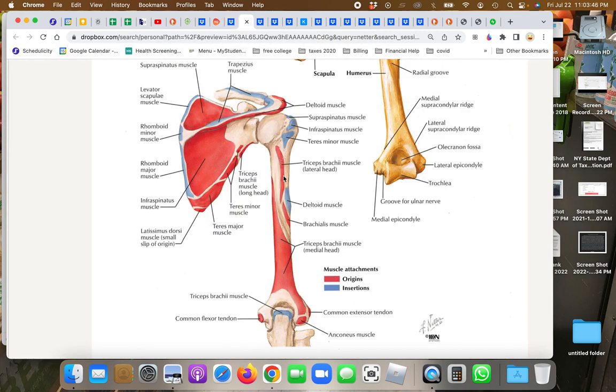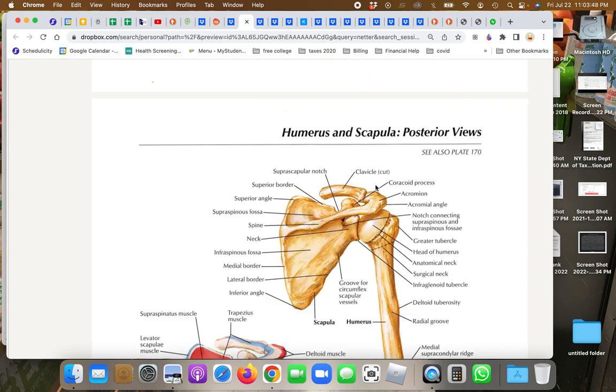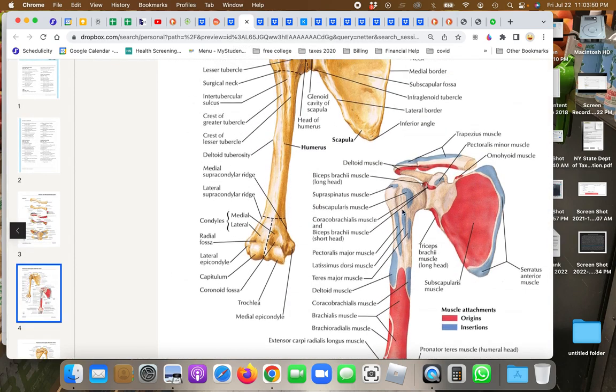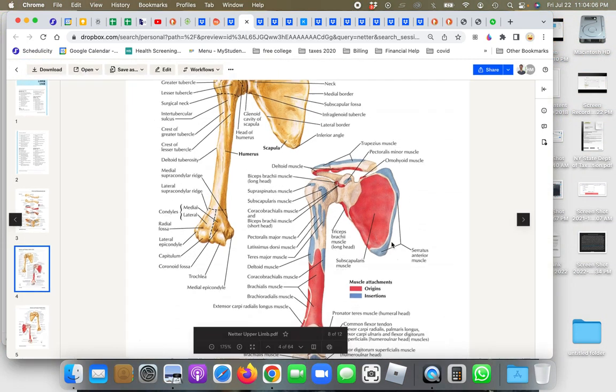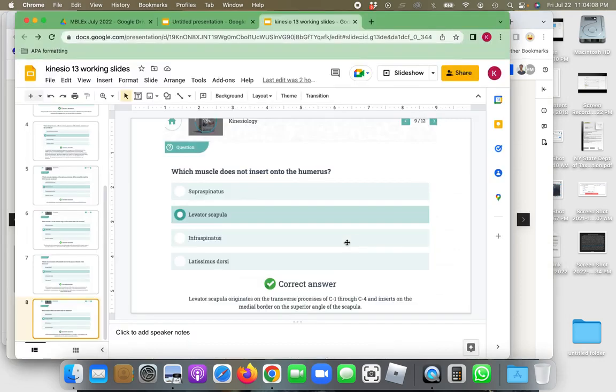Come on, Kim. Latissimus dorsi muscle attaches right here. Latissimus dorsi is attaching right there, and this is the anterior view of the scapula and the humerus.